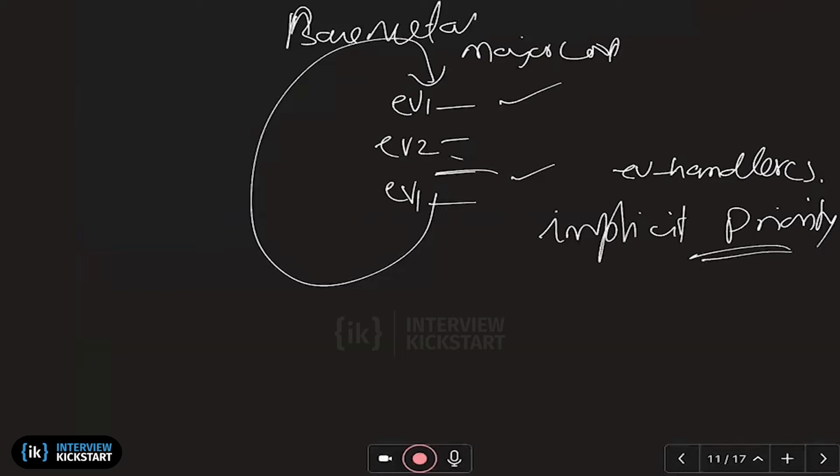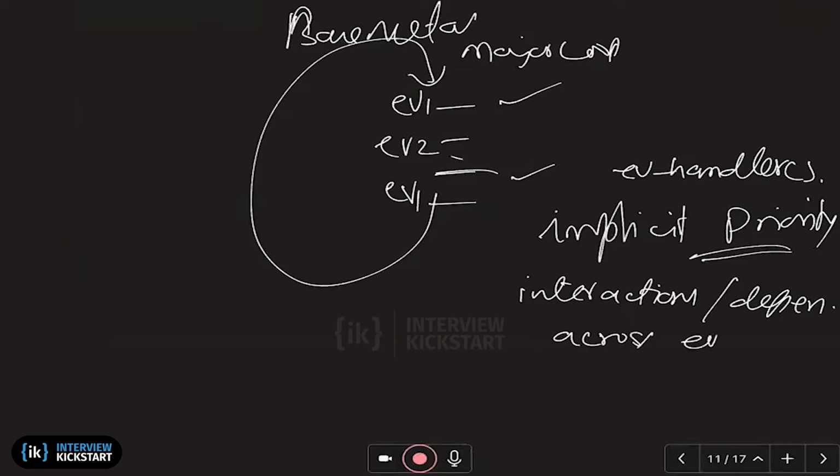And therefore the interactions among various event processing, the dependencies across event handling code, are tied into the code. So tomorrow, if you want to change something, you cannot just make a change in one place.